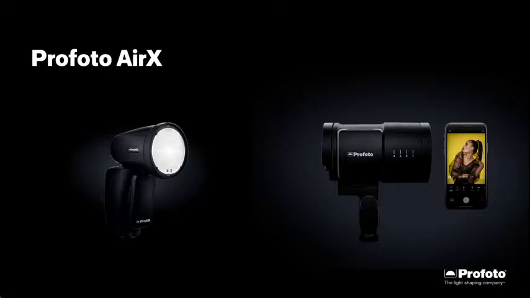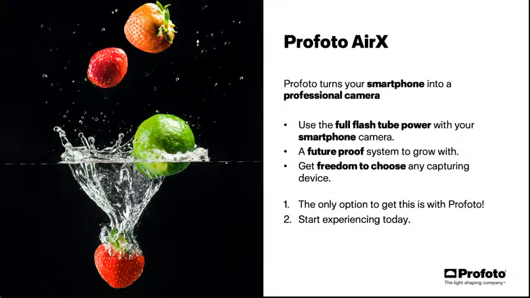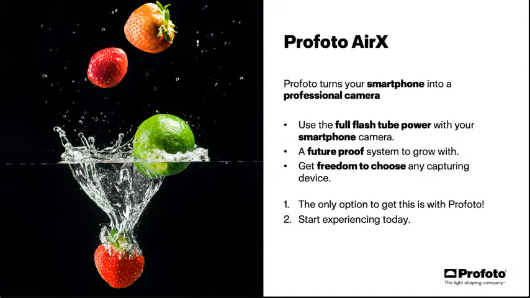We'll demonstrate it today, just a sneak peek of what you can do with this. The Profoto AirX technology basically turns a Profoto light, a professional light solution, into something compatible with a smartphone.